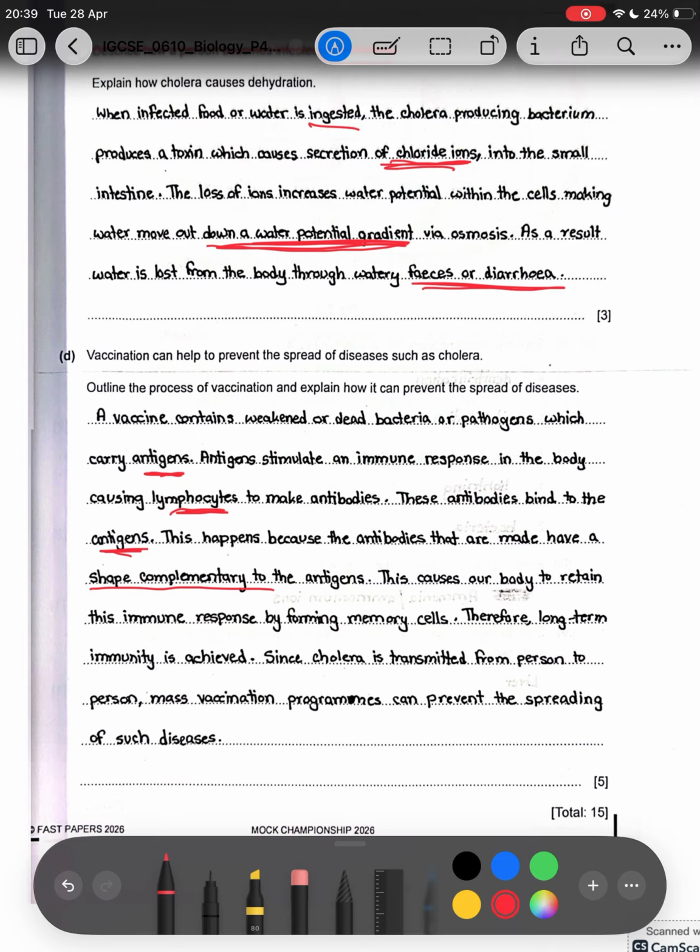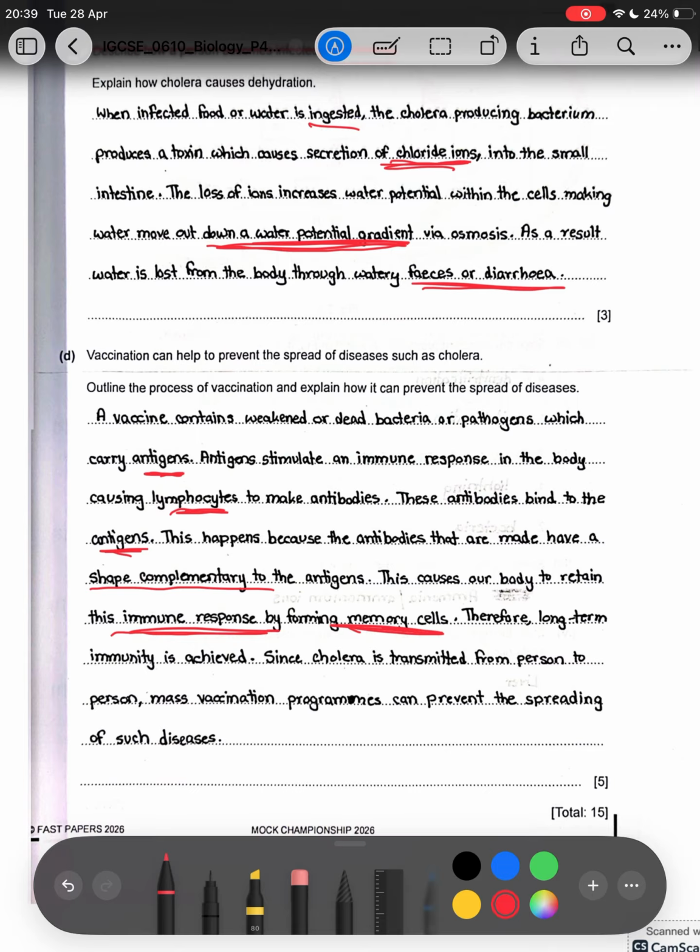This happens because the antibodies that are made have a shape complementary to the antigens. So the lymphocytes make this antigen specific antibody so that those bacteria or pathogen can be destroyed. This causes our body to retain this immune response by forming memory cells.